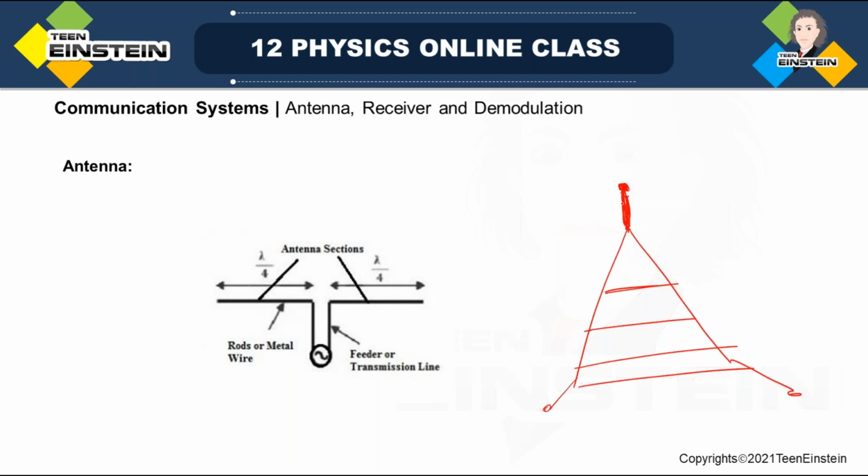This metallic rod or this antenna actually transmits radio waves in all directions. That's why it is called omnidirectional. That means it does not prefer any direction. It prefers all the directions.